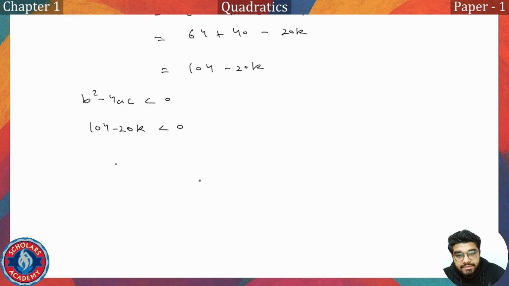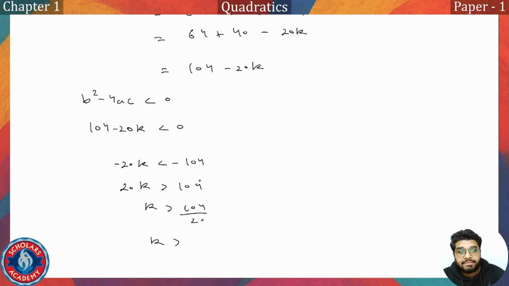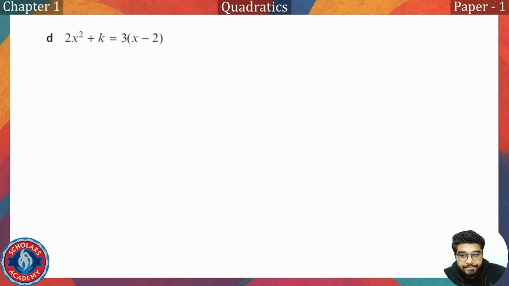That is 20k is greater than 104. K is greater than 104 by 20. That is k is greater than 26 by 5. I hope it is clear. Let's move forward.